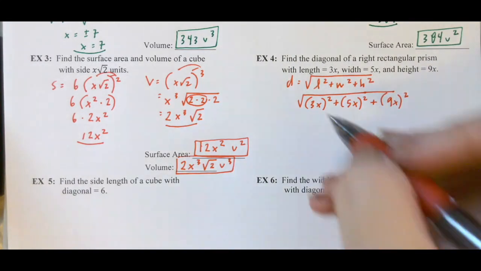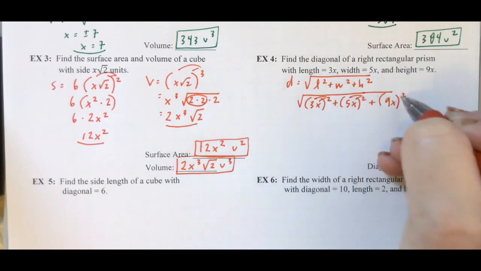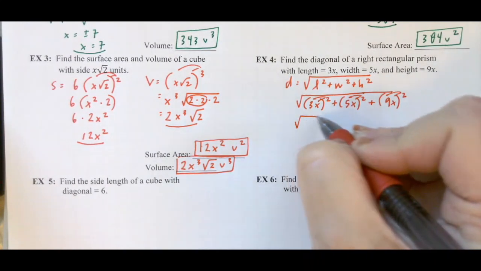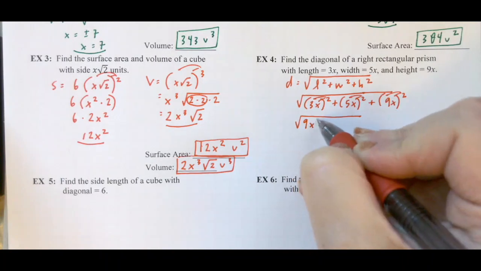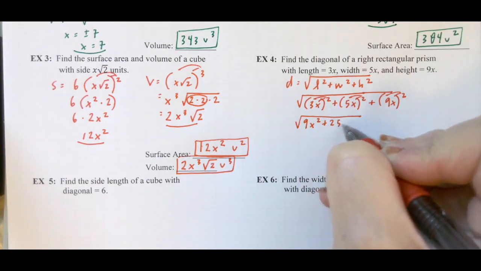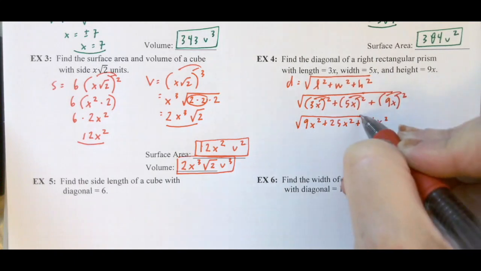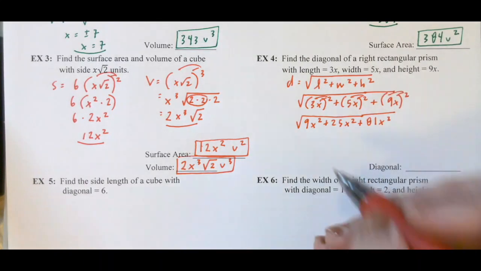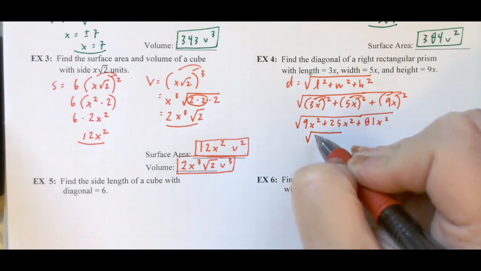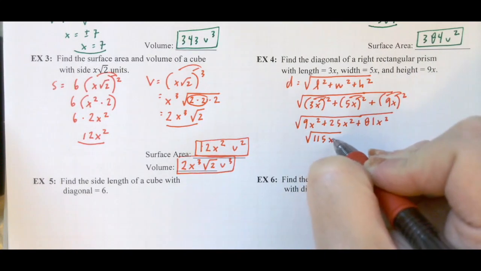Now I have to distribute all of those exponents. So now I have 9x squared plus 25x squared plus 81x squared. Those are all like terms. I can consolidate and get 115x squared.